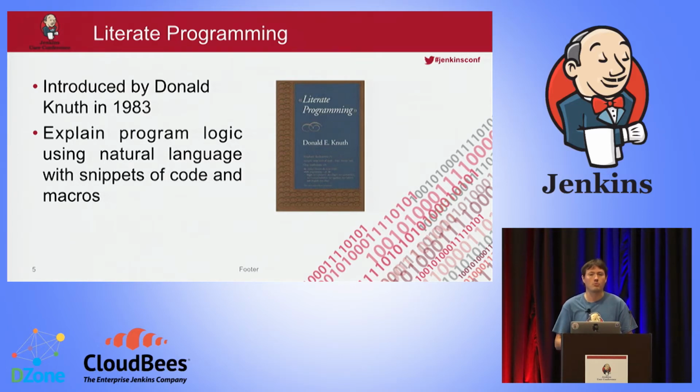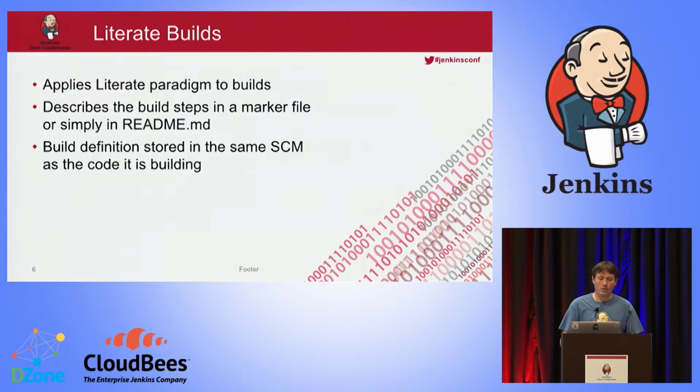So using snippets or macros, you say, okay, when I'm writing this in the text, this is actually what has to be executed. The idea of Literate builds is to apply this paradigm to builds, which means we describe in text what we want our build process to do.